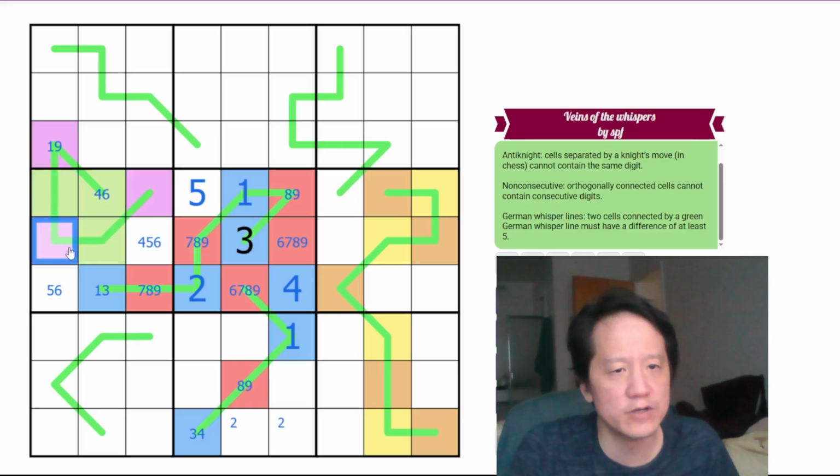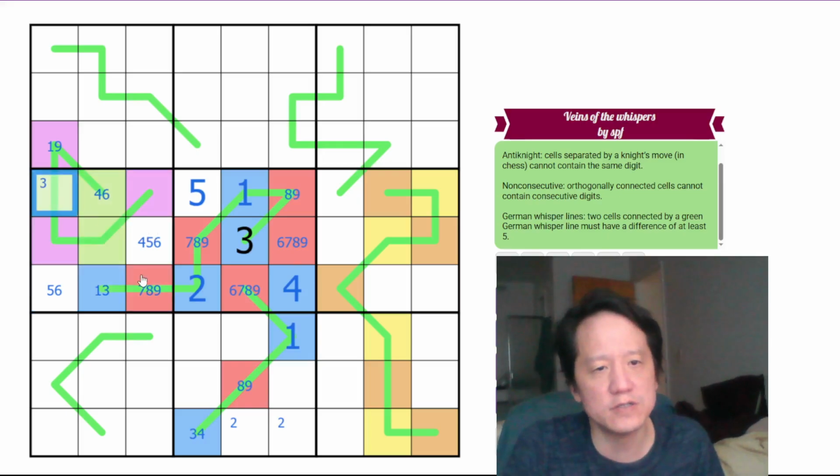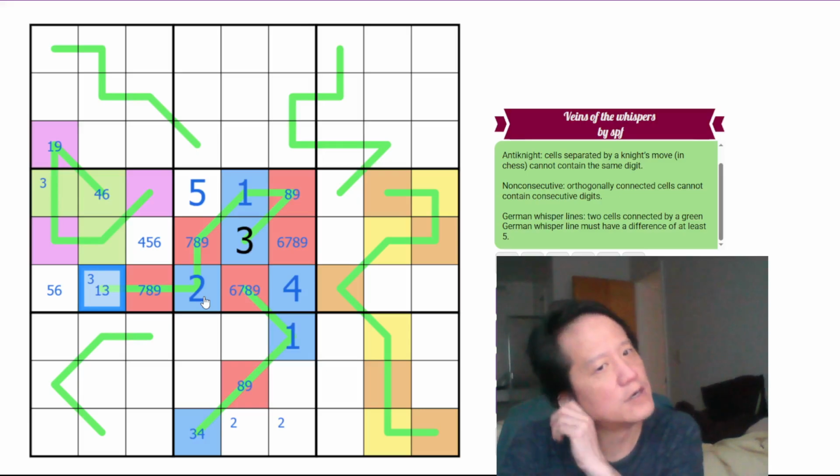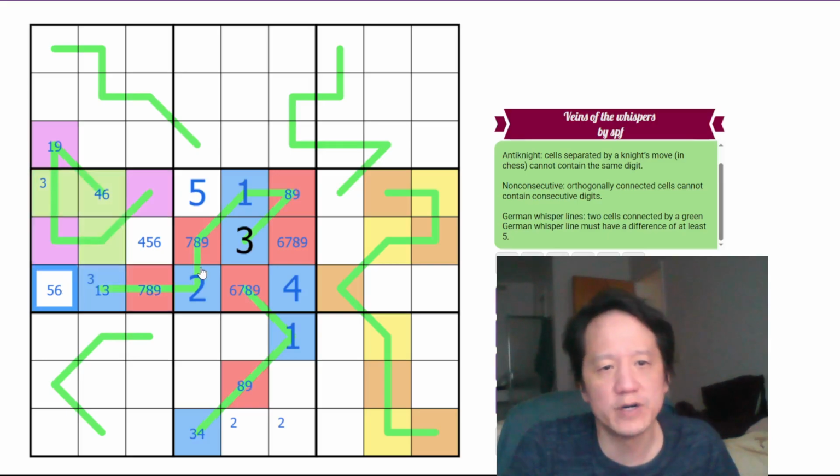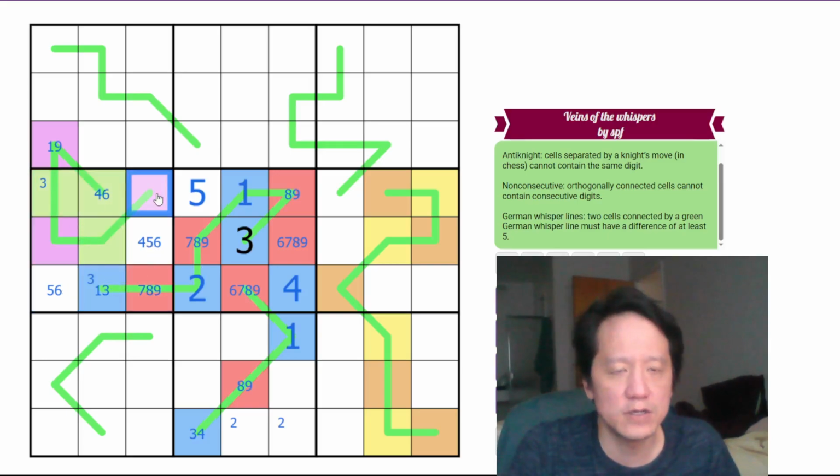That means, where is the 3 in this? 3 cannot be here, so 3 is either here or here in this left central box, right? Can't be here because of knight's move.